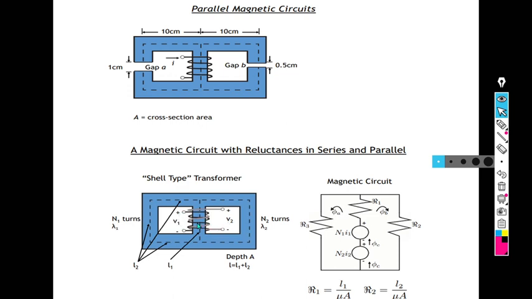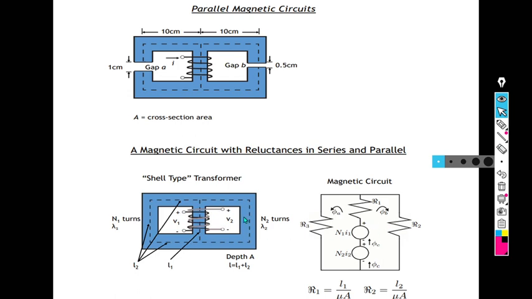Due to these two coils, I can take two MMFs, N1I1 and N2I2, each with plus and minus polarity. Now the central limb has one reluctance, and the outer limb has another reluctance. I can take the central limb reluctance as R1, and as the outer limb area and length are the same, I can take both as R3 and R3.